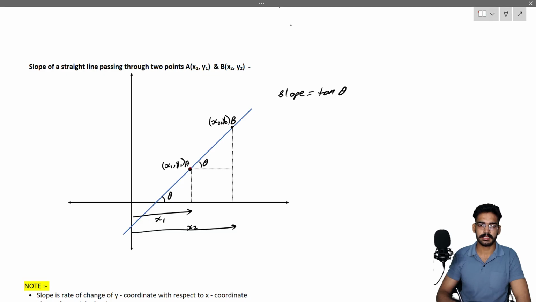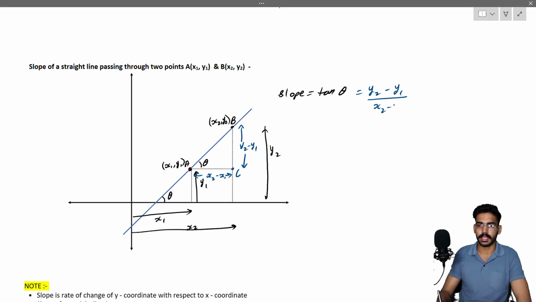And this distance I can say is y1, and this distance is y2, right? So this distance I can say is x2 minus x1, and this is y2 minus y1. Now I mark this point as C. Now see in the triangle ABC, what is the value of tan theta? Tan theta is perpendicular upon base, that is y2 minus y1 divided by x2 minus x1.